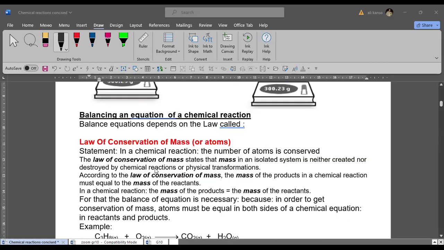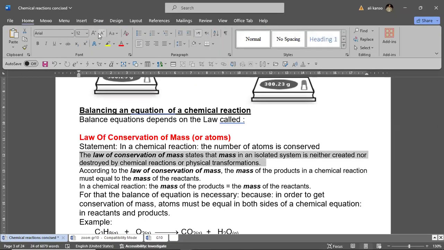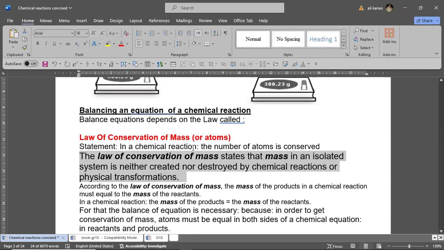The law of conservation of mass states that mass in an isolated system is neither created nor destroyed by a chemical reaction or physical transformation. This law states that the mass of the products is equal to the mass of the reactants. This is the statement, shortly.